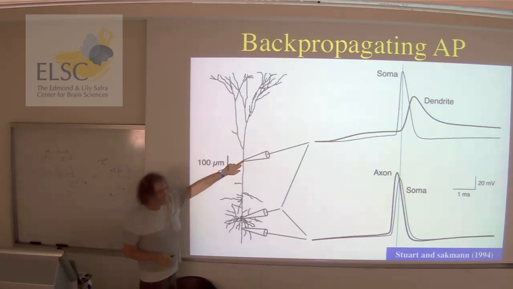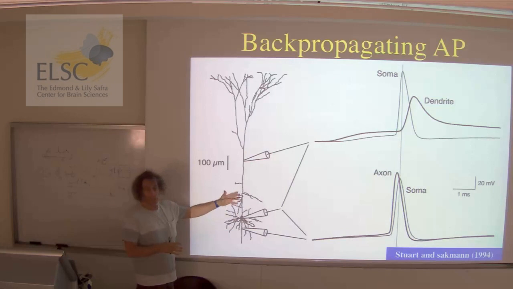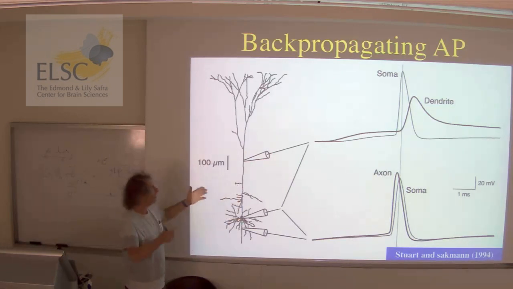And we know today that the density of sodium channels in the apical tree membrane is about 30 times less than the density in the cell body. So it's not as dense, and that's why the dendrite is not an axon.